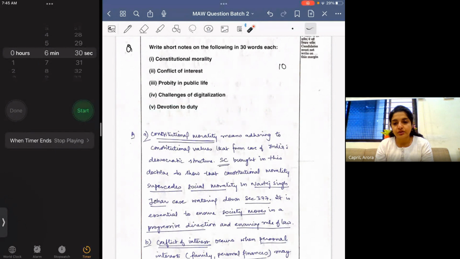So you have to make sure that you give equal time to all of them. You don't have to stop and think. Whatever you think immediately at the top of your mind, it has to be written in. This is a time-taking question, but you have to complete it in time, right?